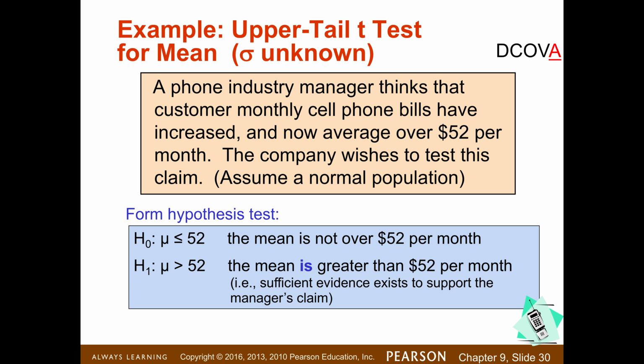If you don't have the assumption of a normal population, then you need to focus on 30 or higher. So for the hypothesis test, the null hypothesis is the mean is not over 52, and the alternative hypothesis is that the mean is over 52.